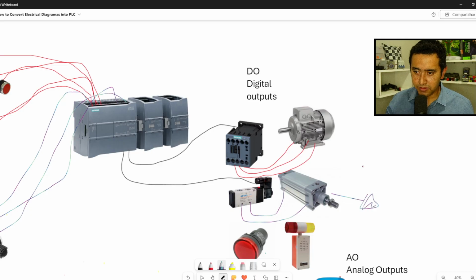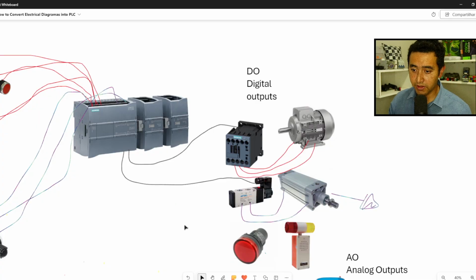Then I put the DO for a solenoid valve. It's about 24 volts DC. And when I turn on this valve, it moves a mechanism here, then my air, the pneumatic actuator here, goes forward or goes back. It's possible to do this.